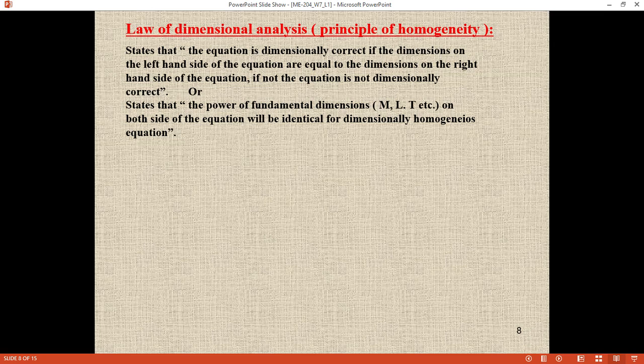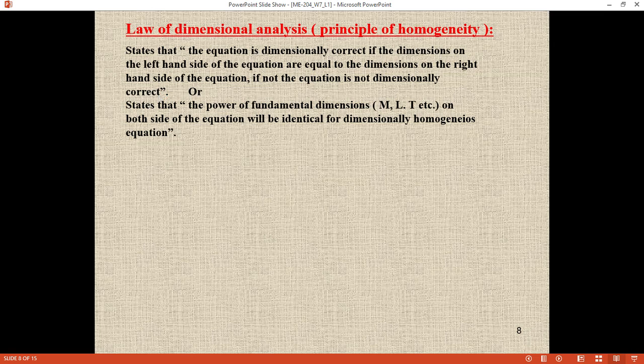So if you develop an equation, it is dimensionally correct if the dimensions on the left hand side of the equation are equal to the dimensions on the right hand side. If not, the equation is not dimensionally correct or possible.